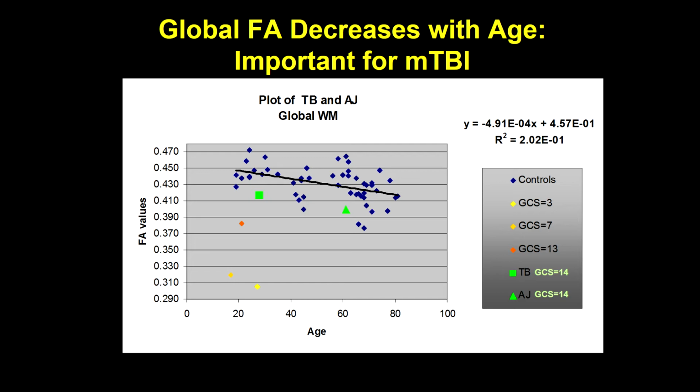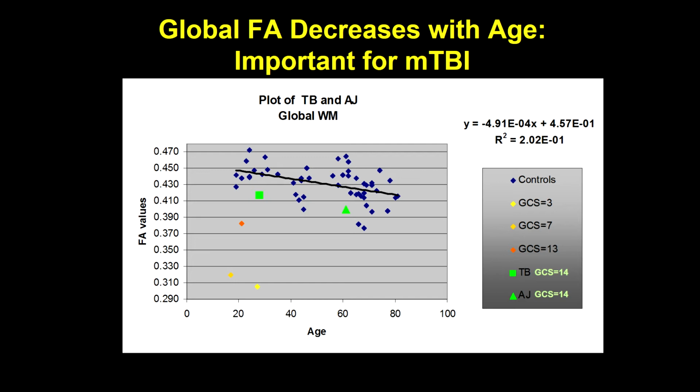Further, we found that if we only looked at the mean FA, that was fine as long as we were looking at higher severity cases, such as severes and moderates. But if we looked at mild cases, we could fool ourselves if we simply looked at the mean FA and didn't take into account age.